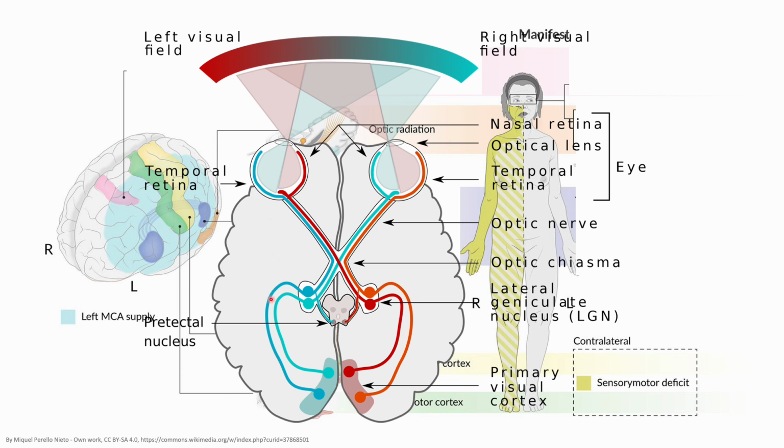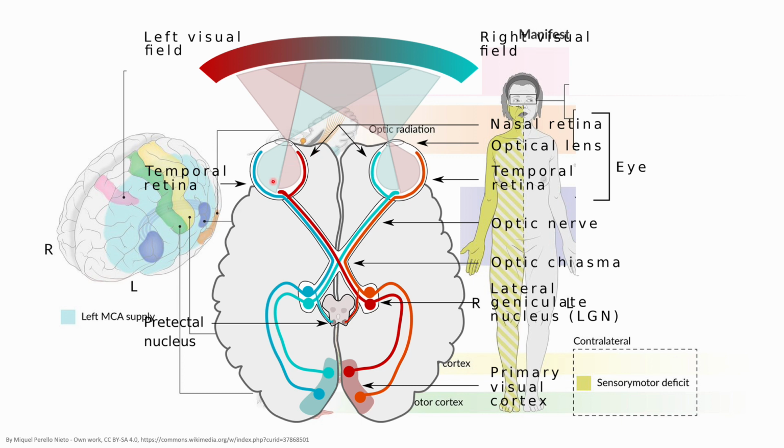So if this is right and this is left, and I have a left MCA stroke, I'm gonna eliminate these parts. We're gonna injure these radiations going in the temporal lobe. Those in blue, guys, represent the right visual field, as you can see here.